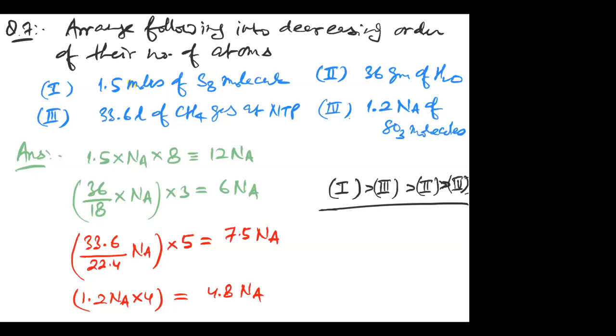So 1 has a maximum number of particles, then 3, then 2, and 2 has more than 4.